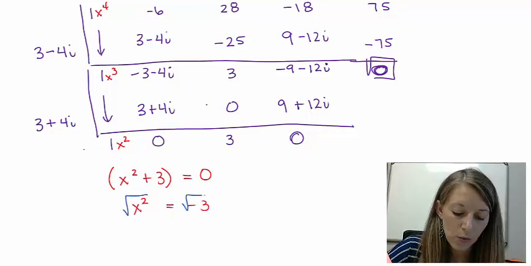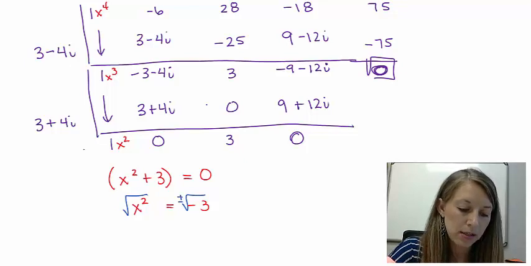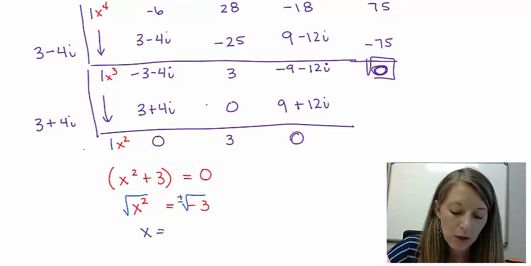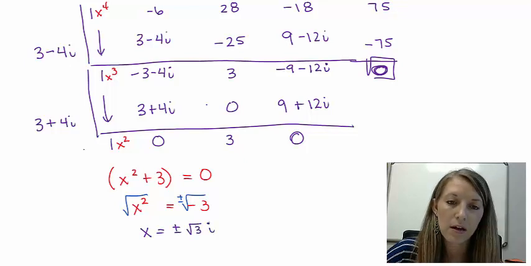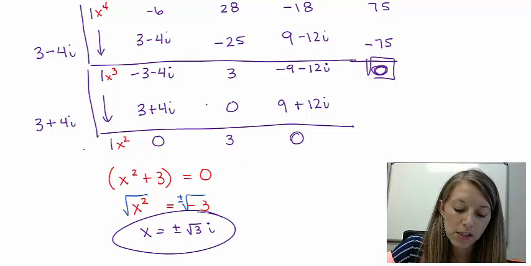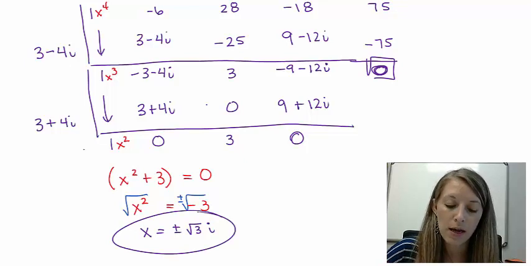Forcing in a square root, which forces in plus or minus. And so that gives me x is equal to plus or minus square root of 3 times i. Now, by the graph, we knew that these had to be imaginary numbers, so I came up with all of my imaginary numbers here. 2 of my zeros are positive root 3i and negative root 3i.